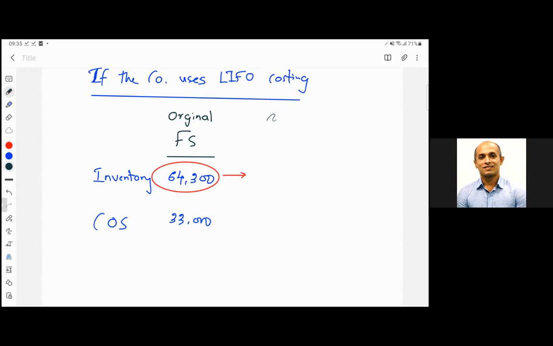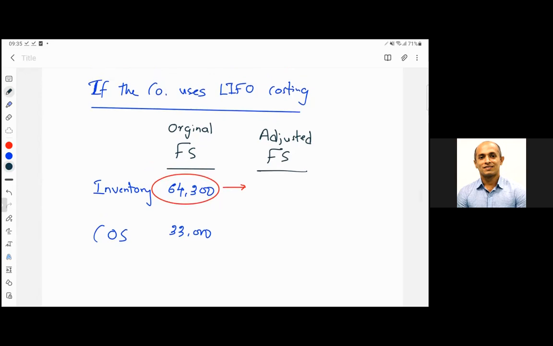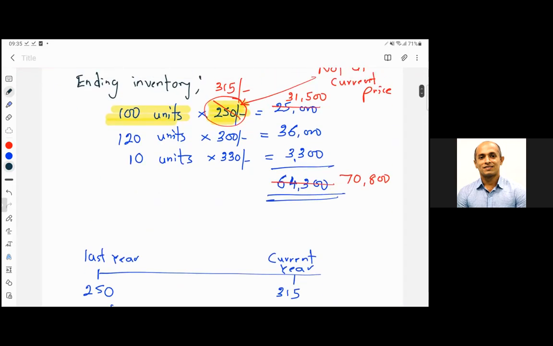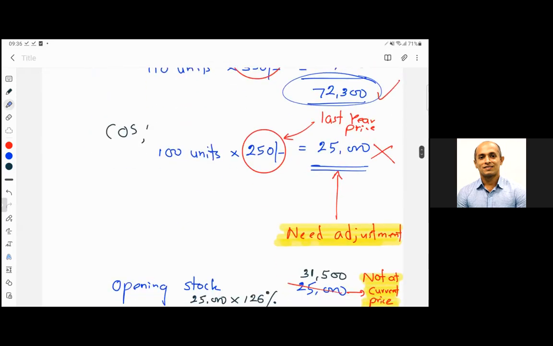So we'll take adjusted financial statements. So we have adjusted the inventory value. How much? Amount after the adjustment, 70,800.